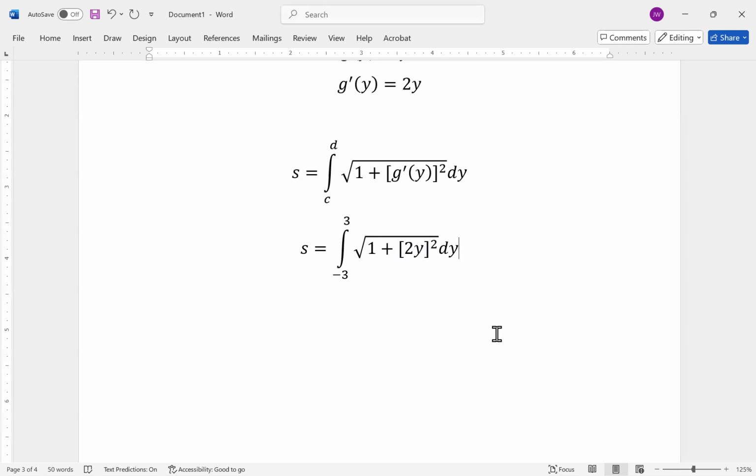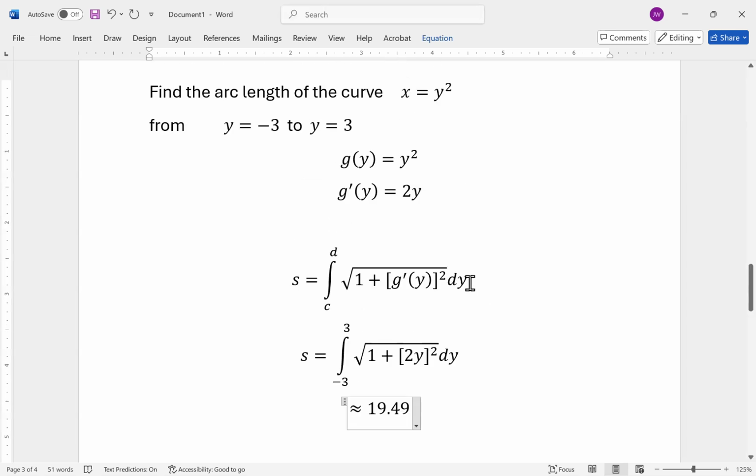I end up with about 19.49. So about 19.49 as the arc length of that curve from y of -3 to a y of +3.